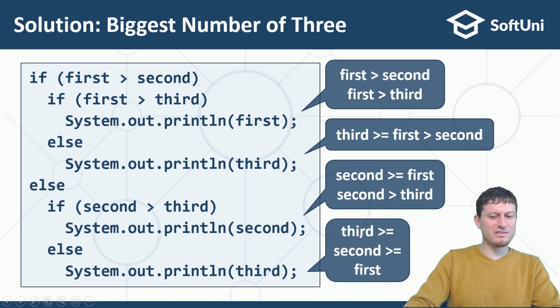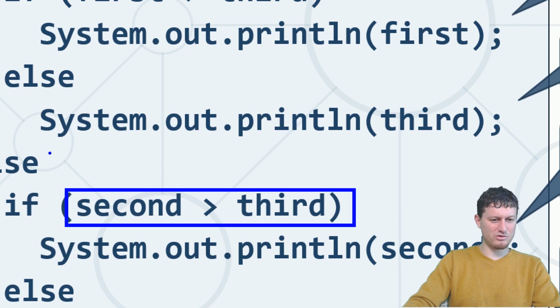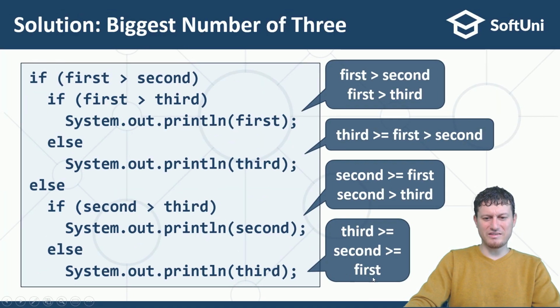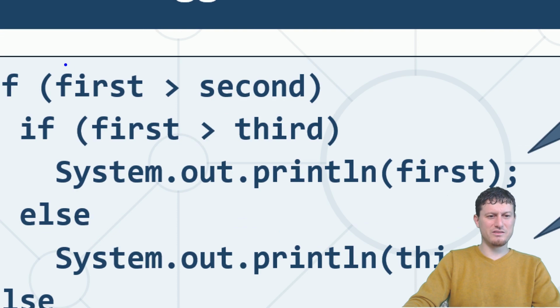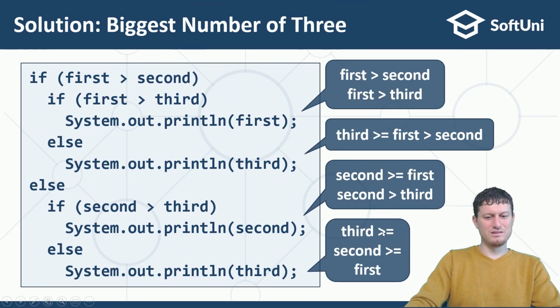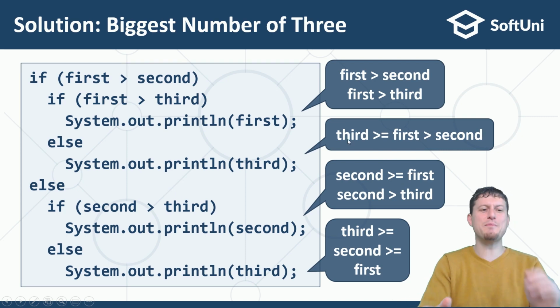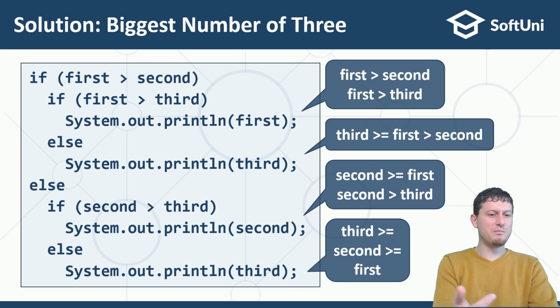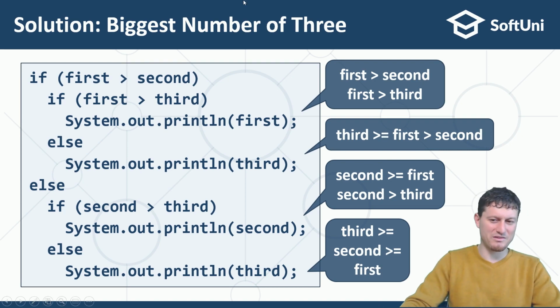And otherwise, the third is bigger than the second, because this is not true. And at the same time, the second is bigger than the first, because this is not true. So the third is the biggest. This is exactly the solution I had, but I didn't name my variables num1, num2, num3, but first, second, third. It's the same solution.